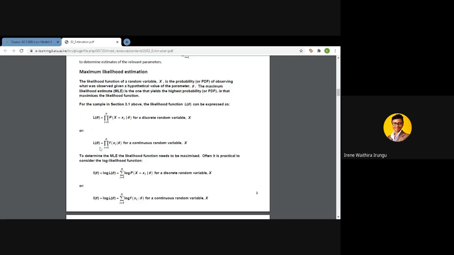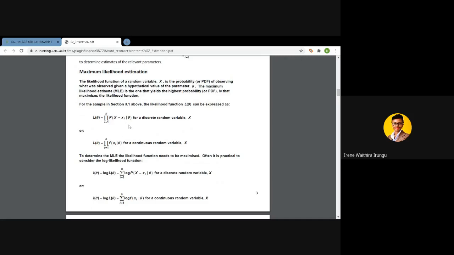If, on the other hand, your random variable is continuous, you'll still be determining the product, but of your probability density function. Remember, this symbol means you're multiplying this function over your entire sample size. The only difference is that we're now using a PDF for the continuous random variable, and in this case, you're using a PMF.